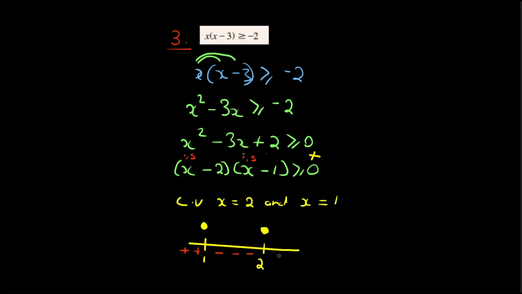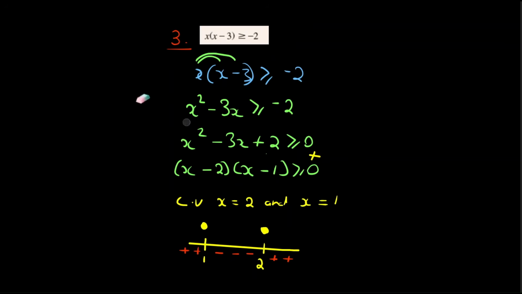And if you substitute a value that's greater than 2, for example 3, you get a positive number, to be precise, you get 2. So it's positive.